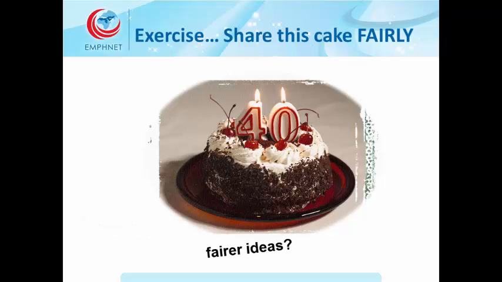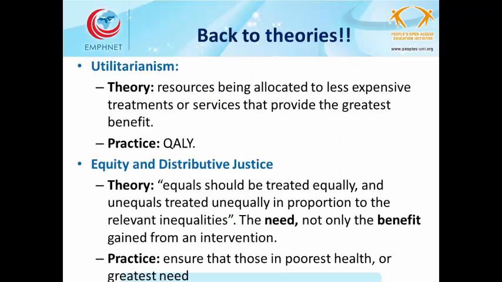Any ideas? Okay. If we apply the theories in terms of distributing public health resources, the resources are allocated to less expensive treatment or services that provide the greatest benefit, so that if we have a given amount of resources, we invest them by choosing the less expensive that have the greater benefit.